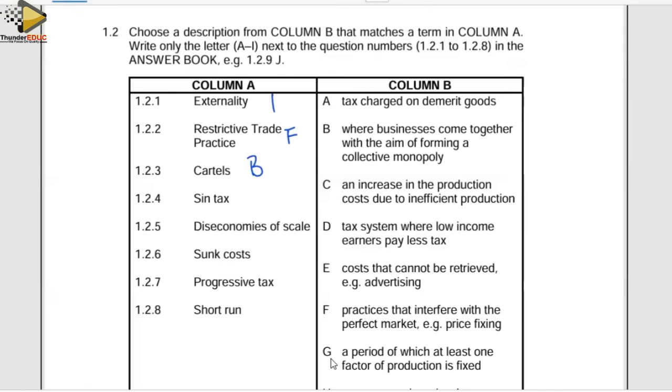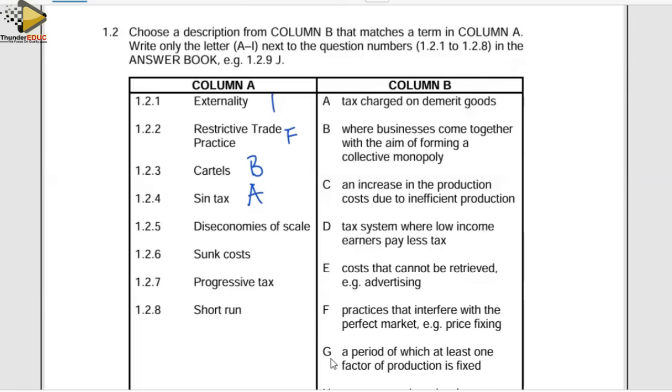So for the government to discourage their consumption, they charge a sin tax so that the price of those commodities goes higher and they become unaffordable to many, so that the consumption is reduced. Also it's a way of raising revenue for the government. So a sin tax is a tax charged on demerit goods, which is A.